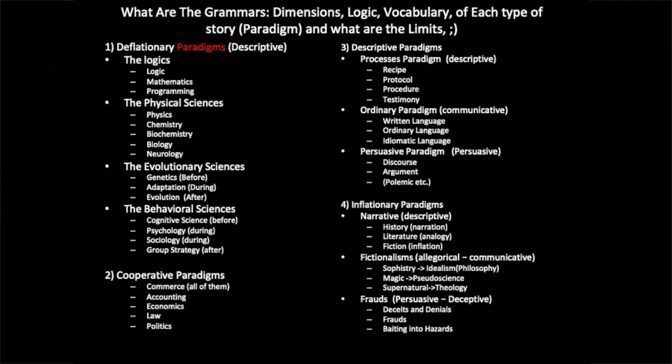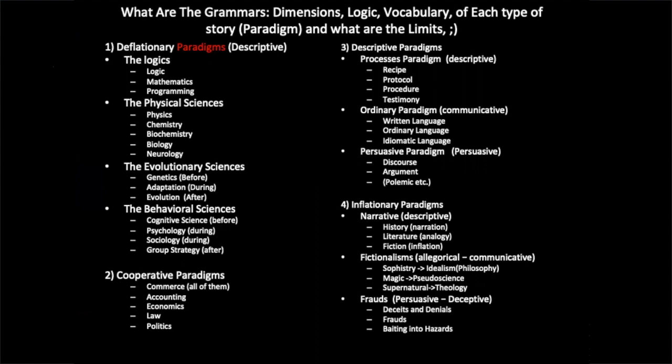So here is a list of some of the grammars. The deflationary paradigms are the logics, the physical sciences, the evolutionary sciences, and the behavioral sciences. And the cooperative paradigms, which are the things we use for measurement, like politics and law and economics and accounting, and all those things we use to cooperate. That's important because that's an outgrowth of behavioral sciences.